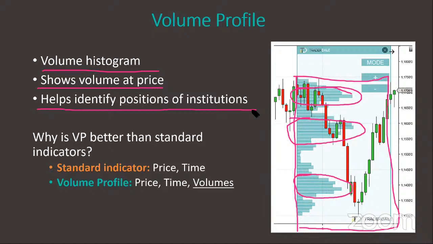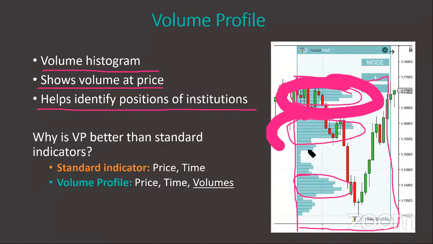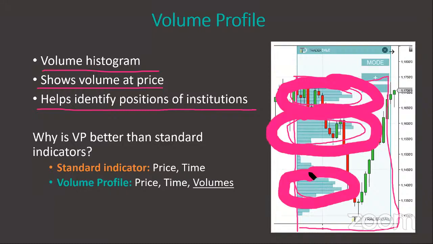So they need to place those insane amounts of money into the market, and through volume profile you can see those areas where those guys were placing those massive trades. So volume profile shows you the price levels where the big guys were trading. And this is basically the edge of all my trading strategies, tracking the big guys through volumes. This is the edge.